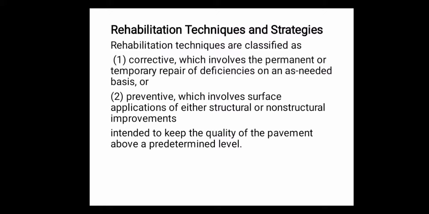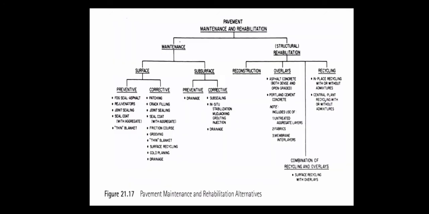A chip seal coat, which is a layer of gravel placed on a thin coating of asphalt, is often used to correct a skid problem but also helps prevent further pavement deterioration. This illustration shows a variety of pavement repair and rehabilitation alternatives and differentiates between preventive and corrective approaches.